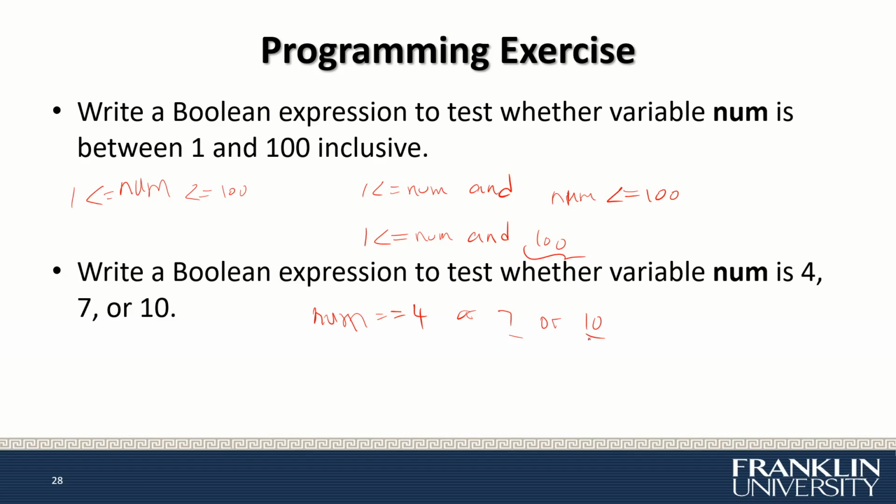So this statement will always evaluate to true. You have to say what you mean because Python doesn't read your mind. So you have to say num equal to 4 or num equal to 7 or num equal to 10. This is a Boolean expression. Do not write it the other way.